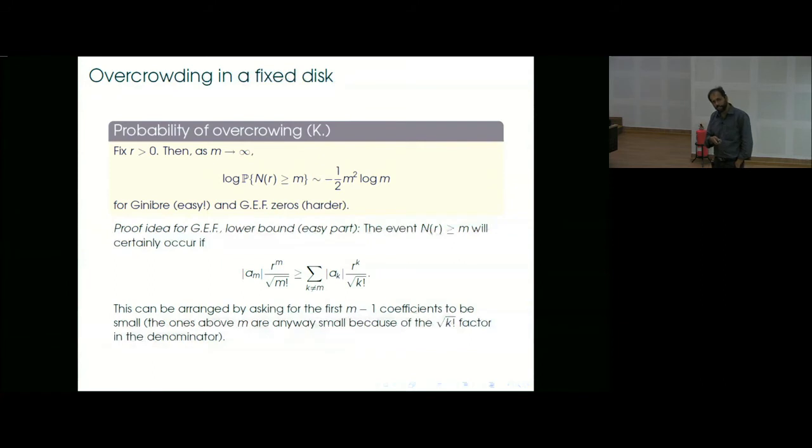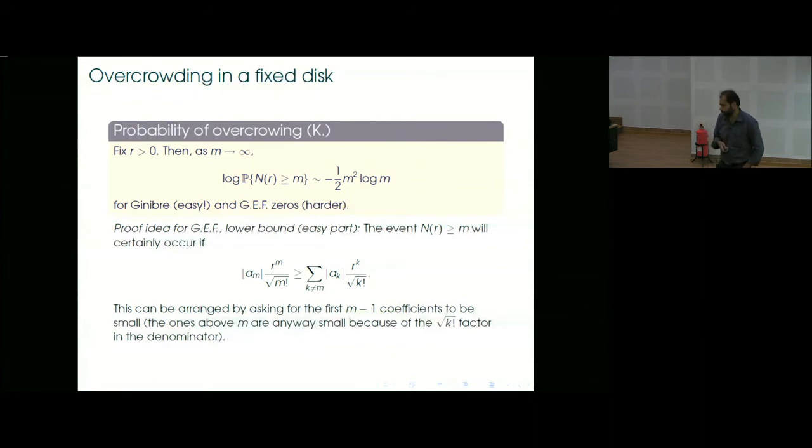As I said, you make the first few coefficients small, the first m minus 1 coefficients small. You don't really have to worry about the large coefficients because this 1 by square root of k factorial will take care of that. When k is large, this quantity is anyway small. I don't need to worry. That's going to be cheap to fix. All I want is that the first few below this m have to be small.